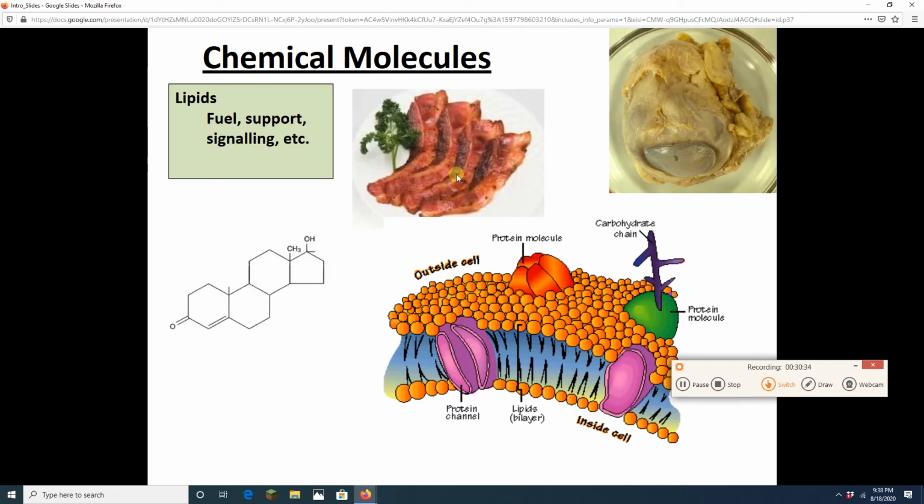Lipids, delicious lipids, are used for fuel, for support, for signaling. So this is a cow's eye. You can see it's wrapped in fat for support. Your cell membranes have a lot of lipids in them. There are hormones that are made out of lipids, so they're involved in a lot of different things.